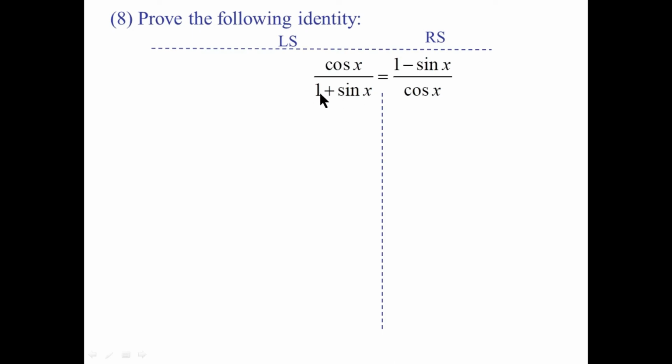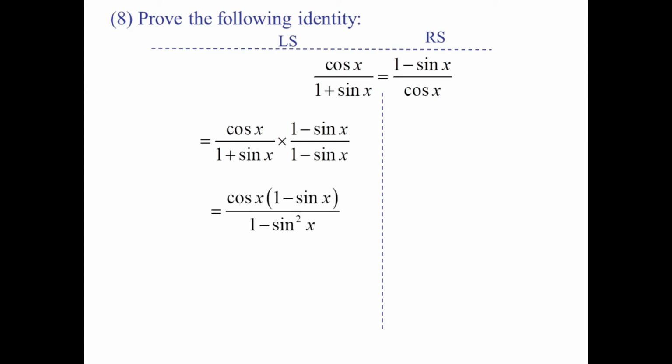Well, 1 plus sine x has a conjugate. The conjugate of 1 plus sine x is 1 minus sine x. So let's multiply top and bottom by 1 minus sine x. To do this, we need to go top times top over bottom times bottom. But when we multiply bottom times bottom, it's a product of conjugates, which we know to be a difference of squares.